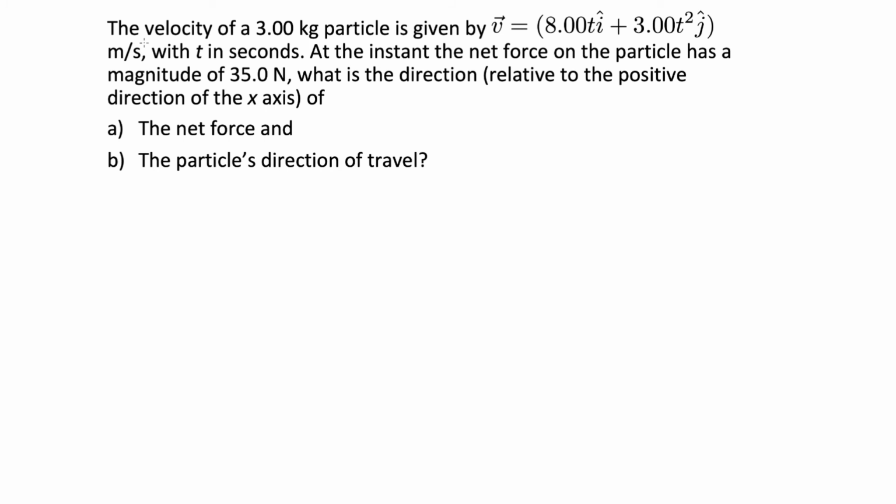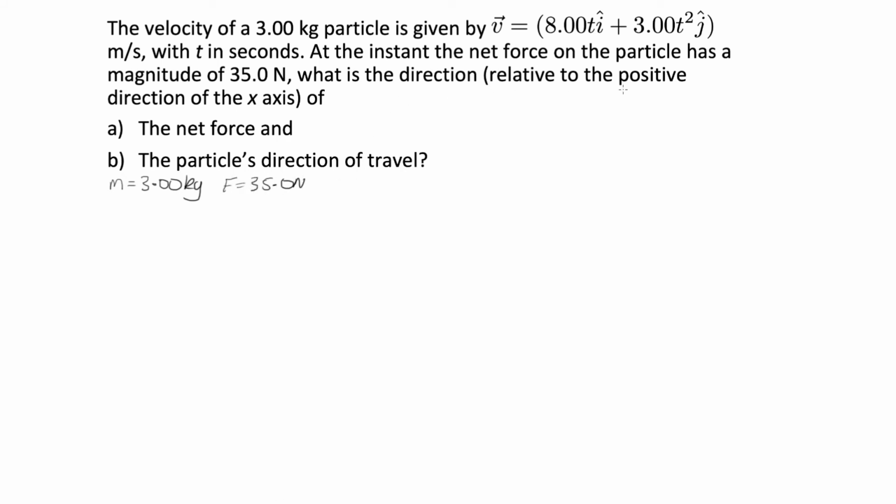So another problem. The velocity of a 3 kilogram particle, so m is equal to 3 kilograms, is given by v is equal to 8t i plus 3t squared j meters per second with t in seconds. At the instant, the net force on the particle has a magnitude 35 newtons, so F is equal to 35.0 newtons.